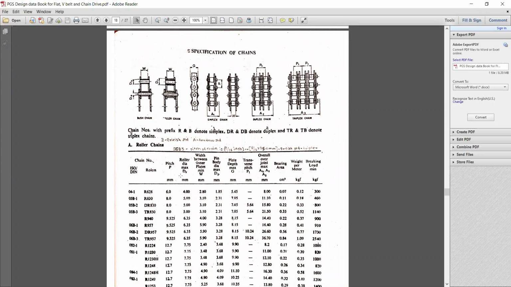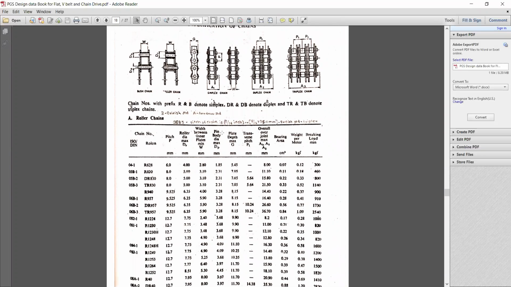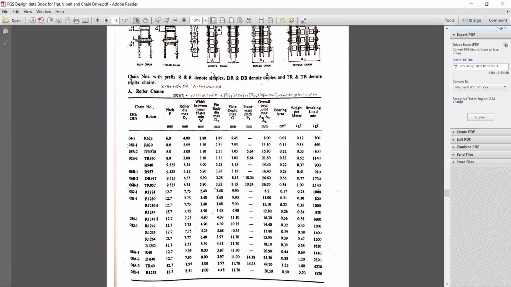If you consider a simplex where the number of chains is 1, look at the designation 04-1. Here 04 is the ISO designation and -1 is the number of chains, that is simplex, duplex or triplex. If there is a digit 1, it is a simplex.